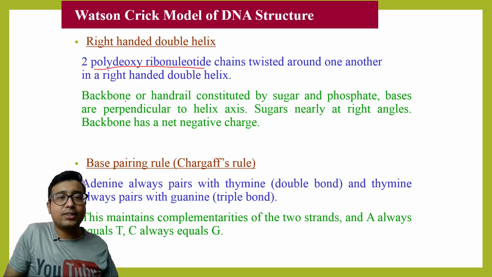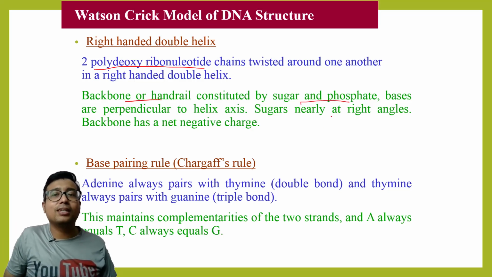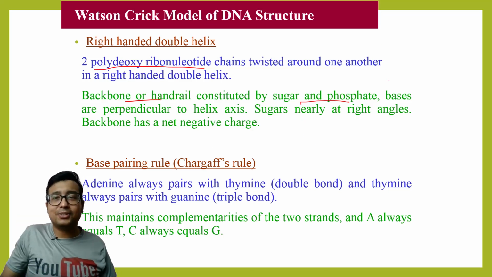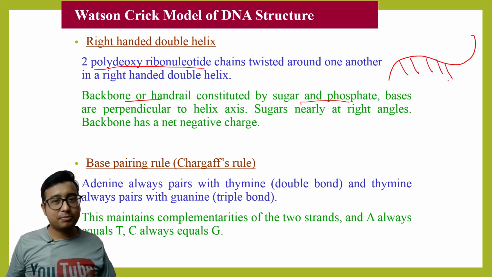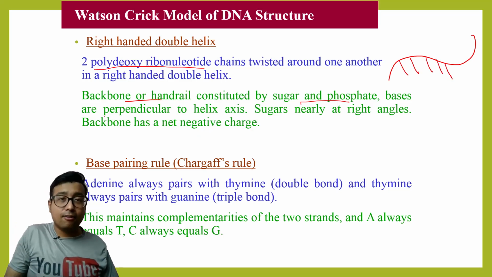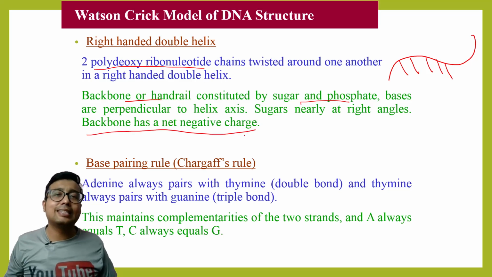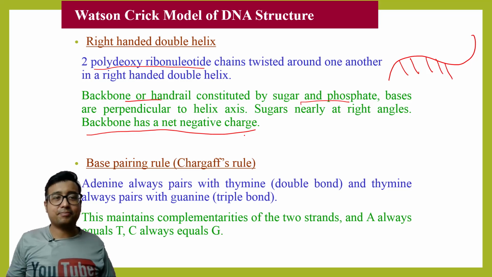The backbone, or handrail, is constituted by sugar and phosphate, and the bases are perpendicular to the helix. No doubt in that. An important piece of information: the backbone has a net negative charge.